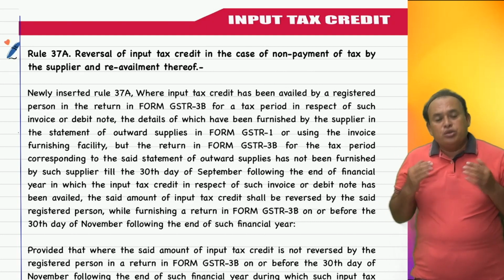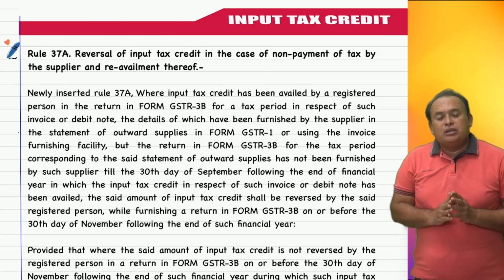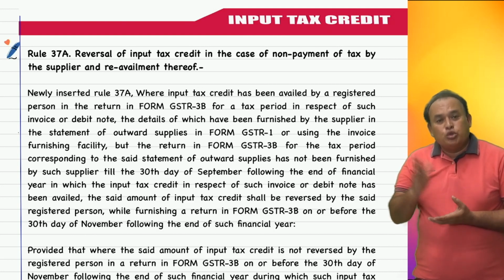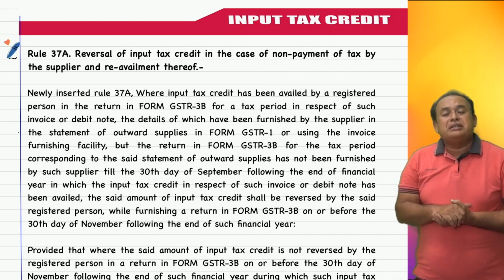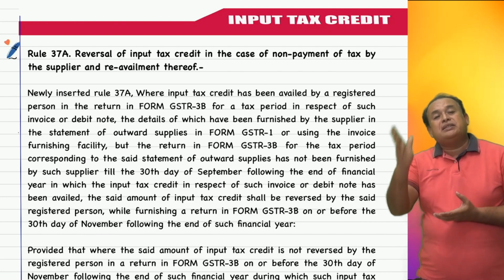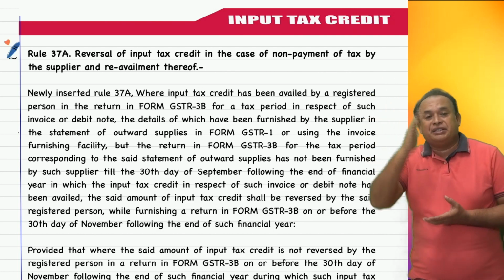Mr. Recipient, you don't worry. Wait for some time. The time limit to make the payment by submission of GSTR 3B for the supplier is up to 30th September of the succeeding financial year.